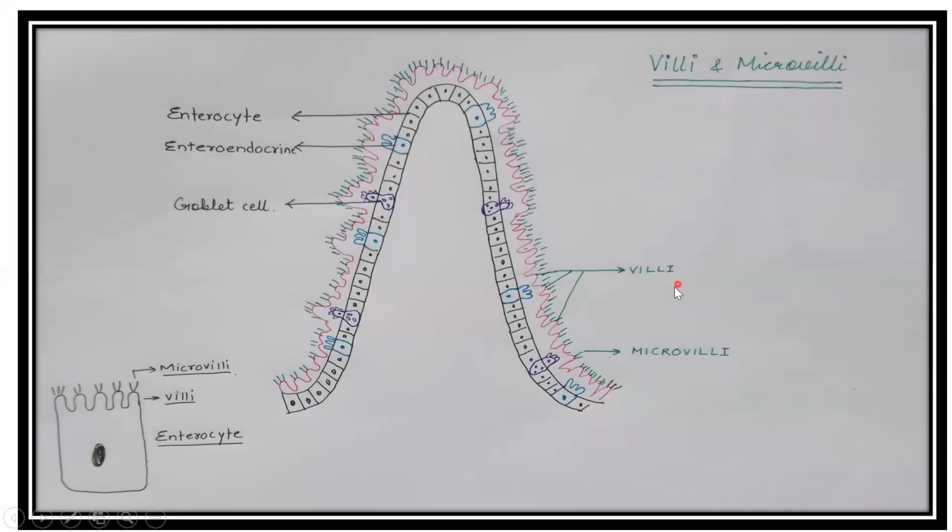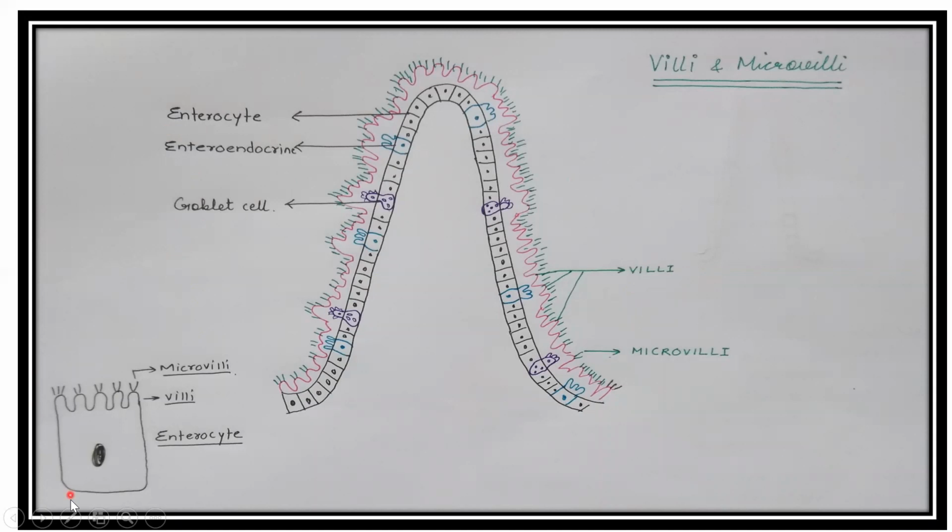So villi specifically are located only on the mucosa, and each of these villi has its own lacteal and also a lymph nodule. And three types of cells are located in the villi, that is the enterocyte, the enteroendocrine cell, and the goblet cell.